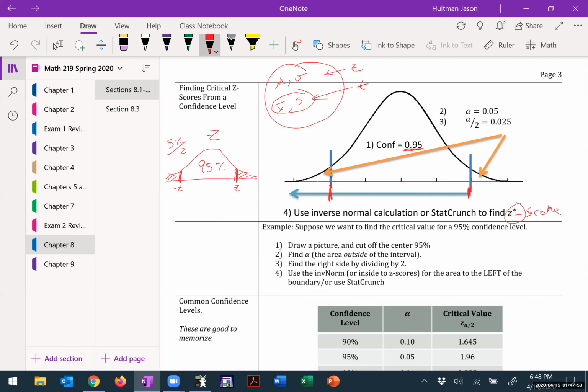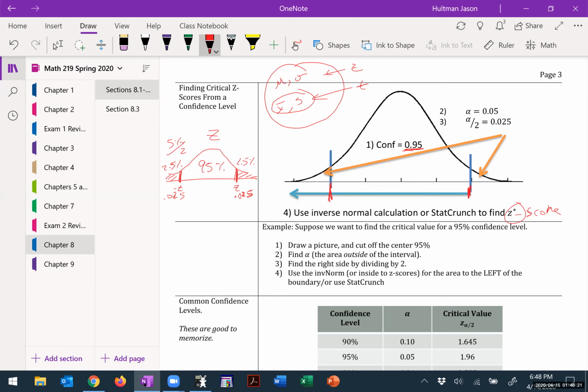And so this is 2.5%. How do I make that a decimal? Well, that's 0.025. And this is also 2.5%, so the upper part is 0.025.